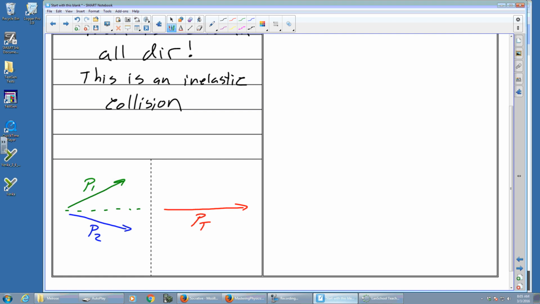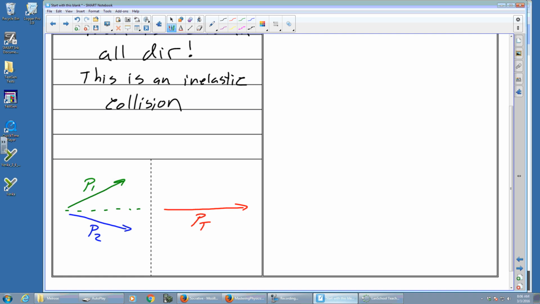So 1 and 2 need to combine to be that total momentum. Oh, that means their y parts have to cancel out, right? So if I can only have x left, the two y parts of the momentum have to cancel out.